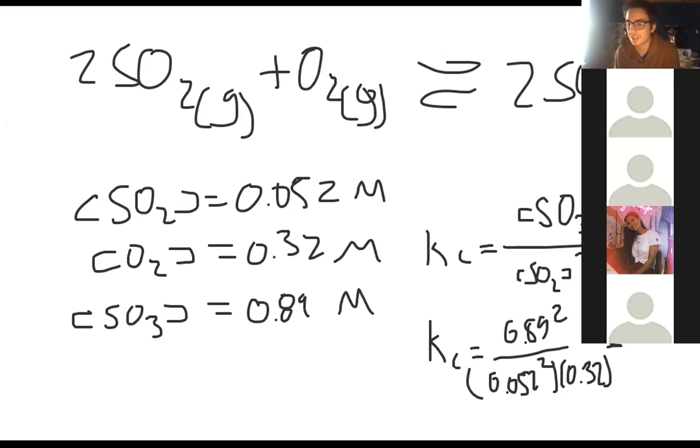Does anybody have the final answer of that math right there? 0.89 squared, 0.7921 divided by 0.052 squared times 0.32.